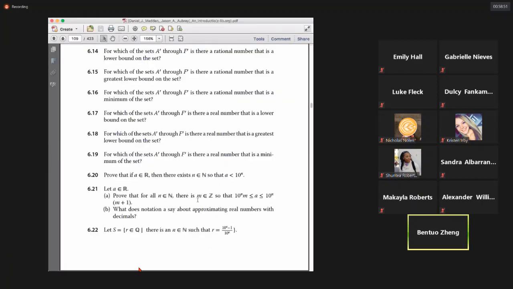Okay, now let's look at another problem. This problem at the bottom is 6.22. So look at here, if we let S be the set of rational numbers R equal to 10 to the nth power minus 1 over 10 to the nth power.